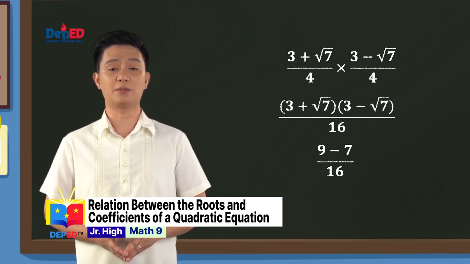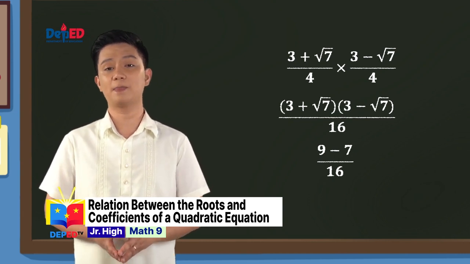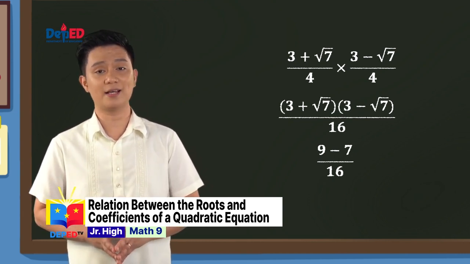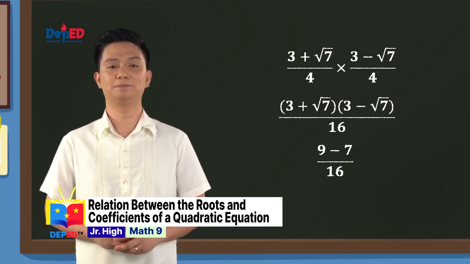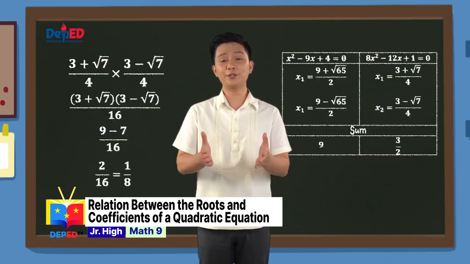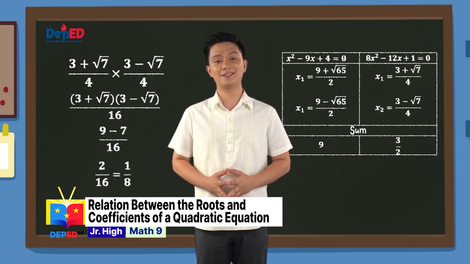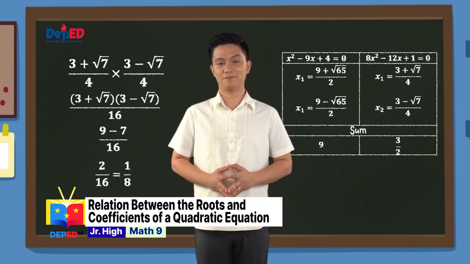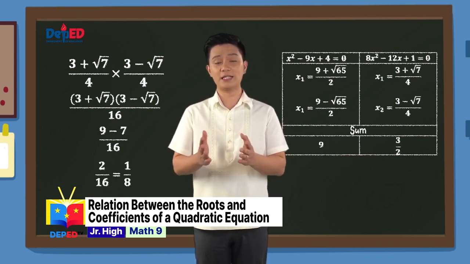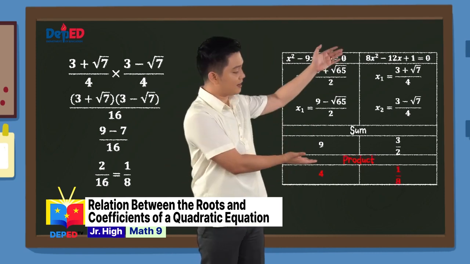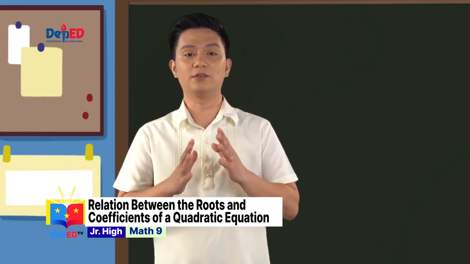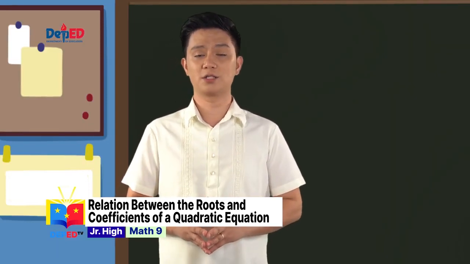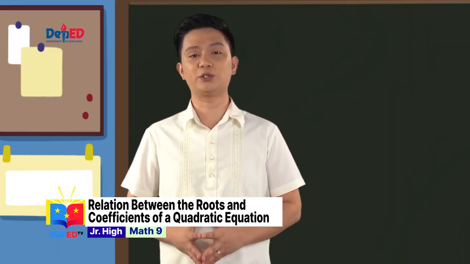Square root of 7 times itself is 7. Again, when you multiply a radical of index 2 by itself, the product is equal to the radicand. Hence, the product of the roots of the equation is 1 over 8. Let's record the results in the table, highlighting the product part. Now, let's relate the sum and product of the roots to the coefficients of the quadratic equation.